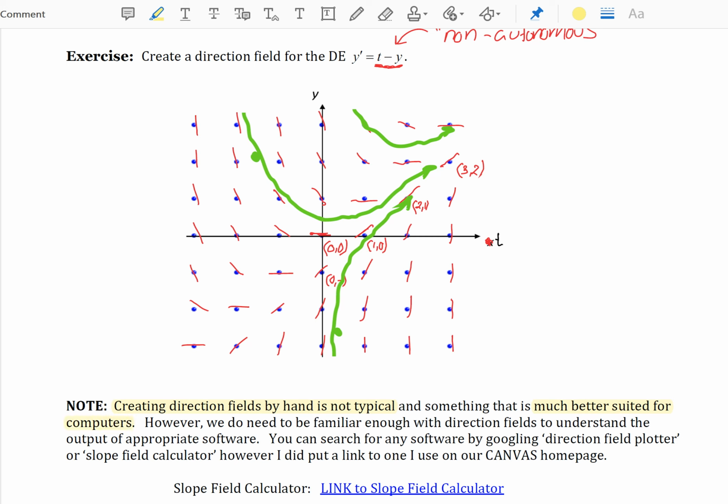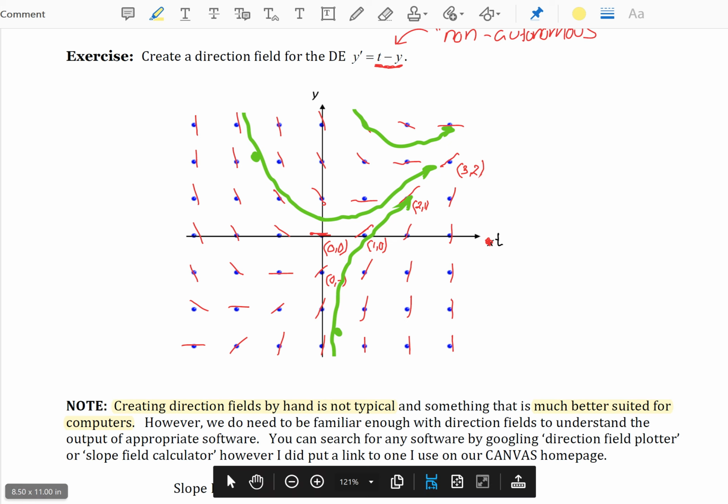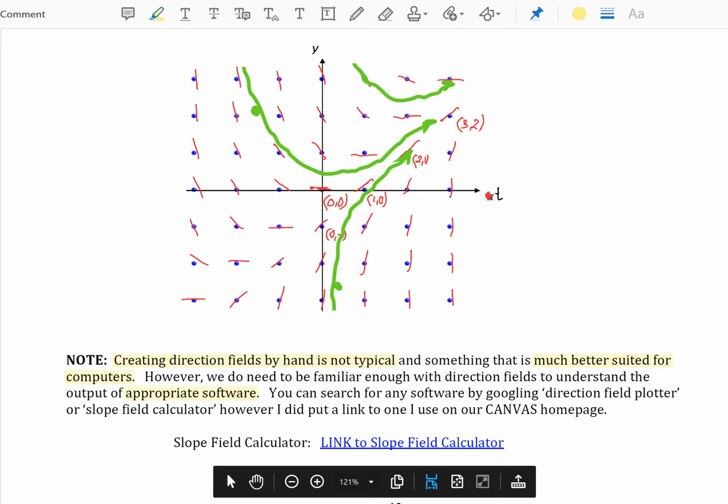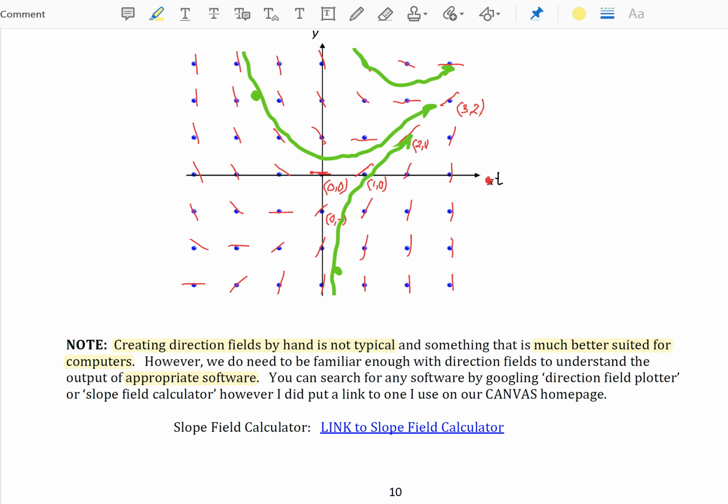However, we need to be familiar enough with direction fields to understand the output of the appropriate software that we use. Now, if you'd like to create some direction fields, you can do this with any software that you find on the internet just by Googling direction field plotter or slope field calculator. However, for your convenience, I did put one on our Canvas homepage for you to see.